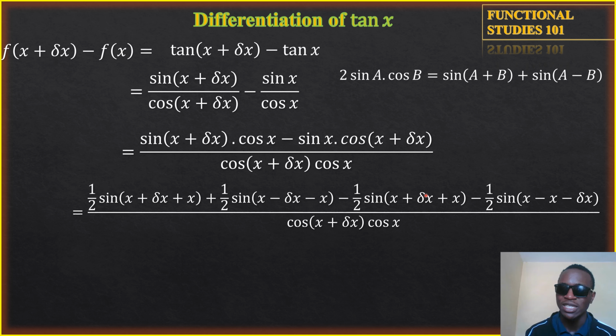In as much as they are all positive terms, there is no issue. Even if they are negative, there is no issue. Addition is commutative. Addition of two numbers is commutative. So if you have negative 2 plus 1, it will not change the fact that I have 2 plus negative 1.